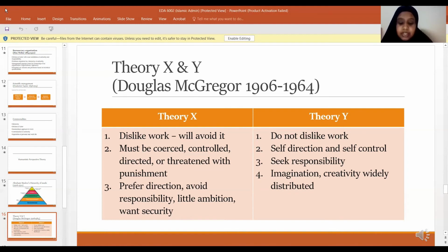So people will exercise self-direction and self-control in the service of the objectives they are committed to. The second one is that commitment to objectives is a function of the rewards. And the last one is that the average human being learns, under proper conditions, not only to accept but to seek responsibility.